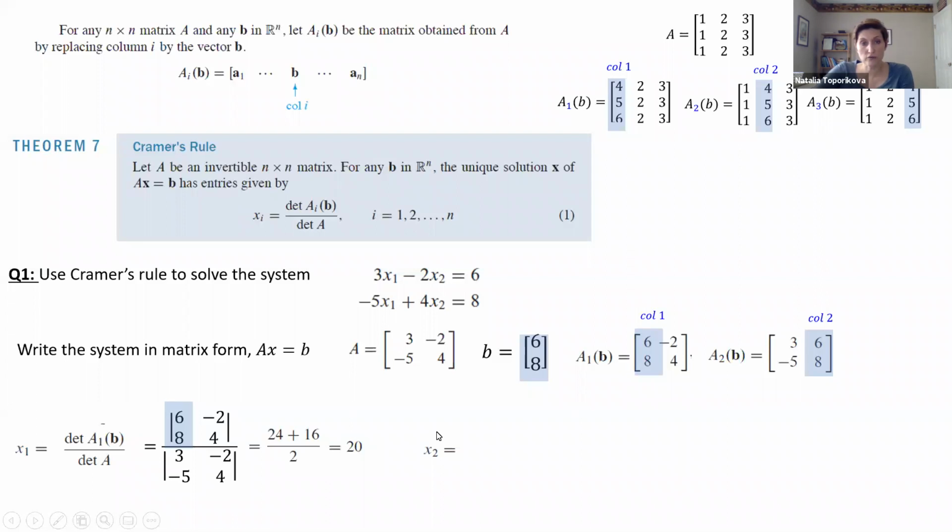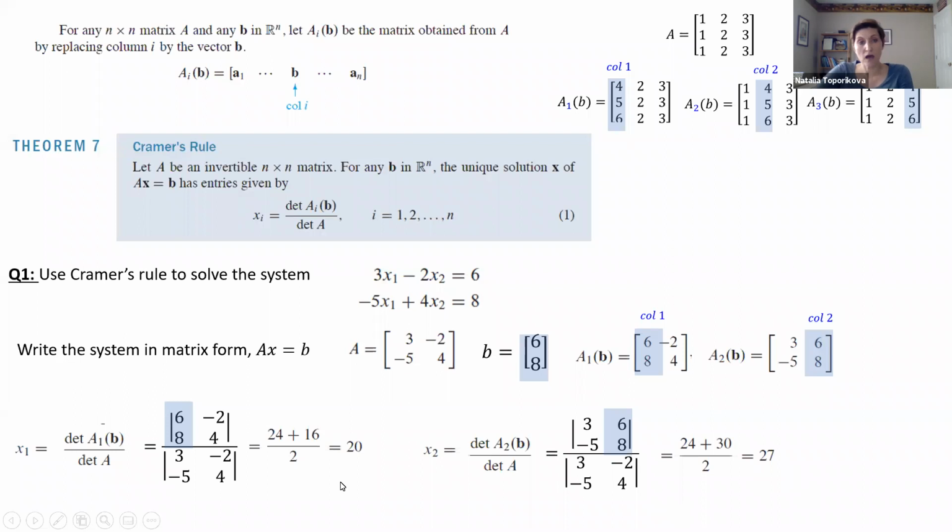Then we repeat it for the second component of our solution, x2. Because our index is 2, we take the determinant of matrix A2 of B and divide by the determinant of A. Again, just two simple determinants of 2 by 2 matrices. When we calculate, we get x2 equal to 27.